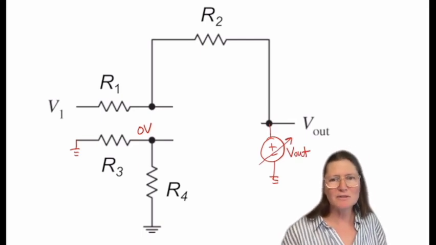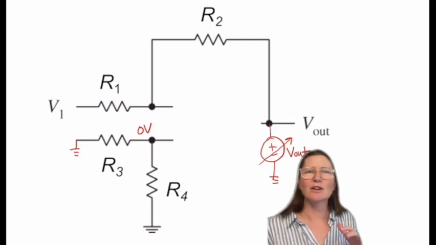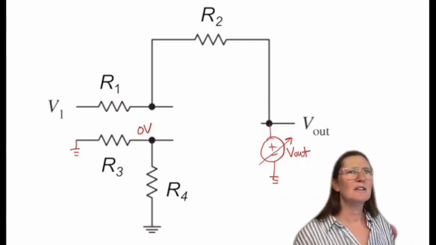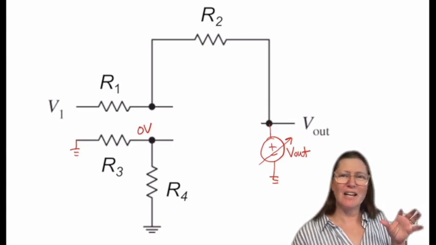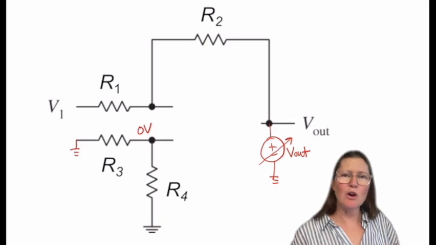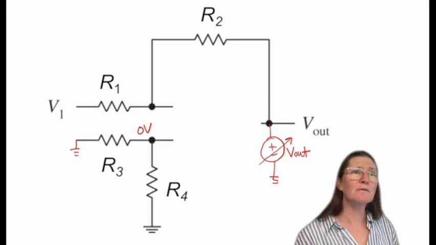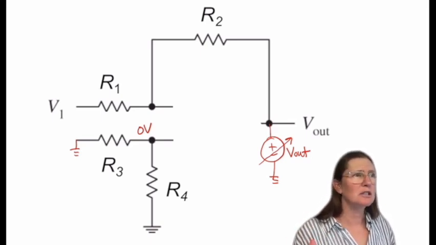I like to put this little line through it, meaning it's not a normal voltage source, it's a different kind of source. So that's going to be some fixed voltage source there.